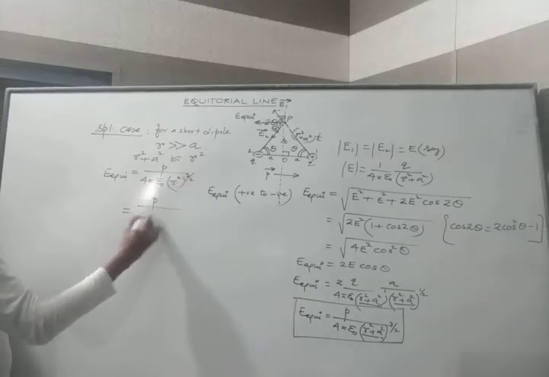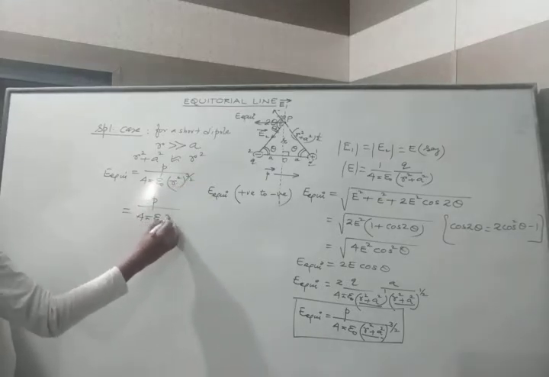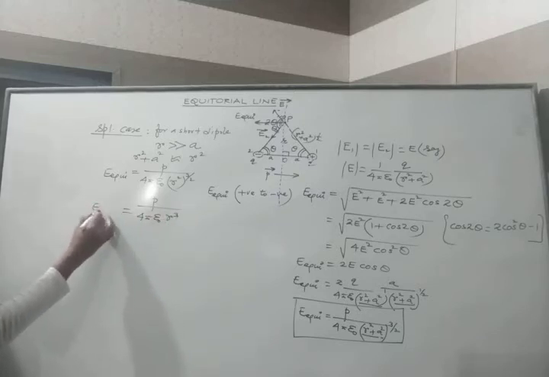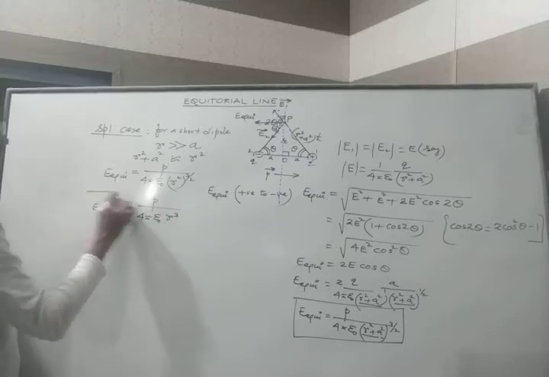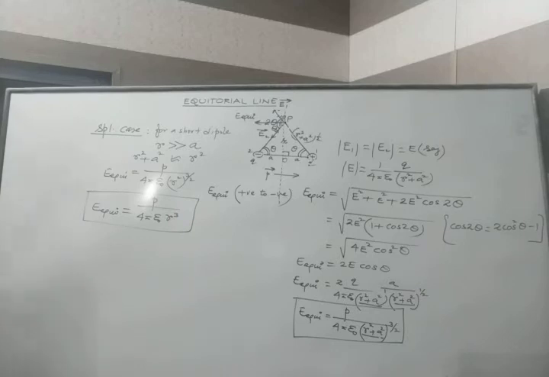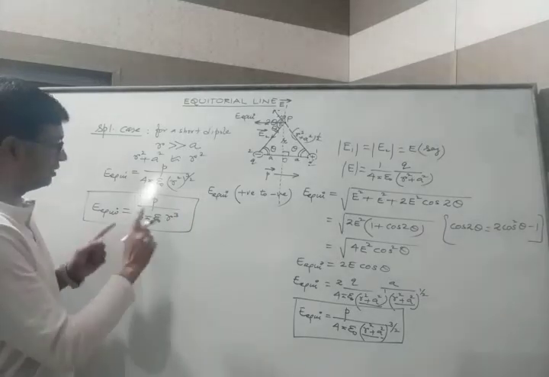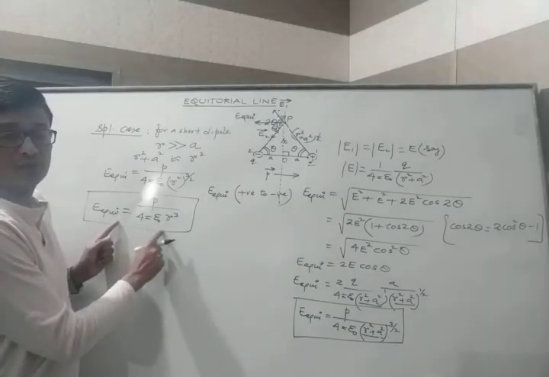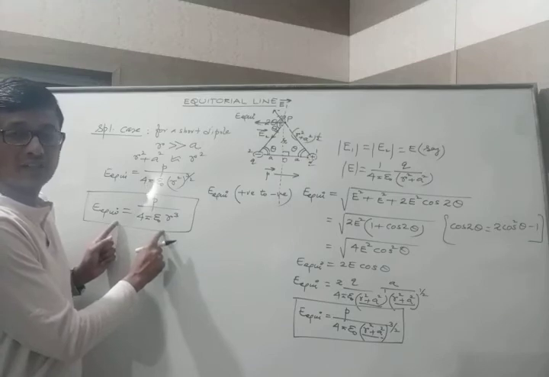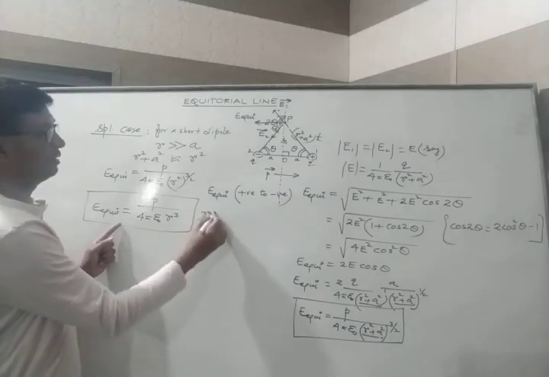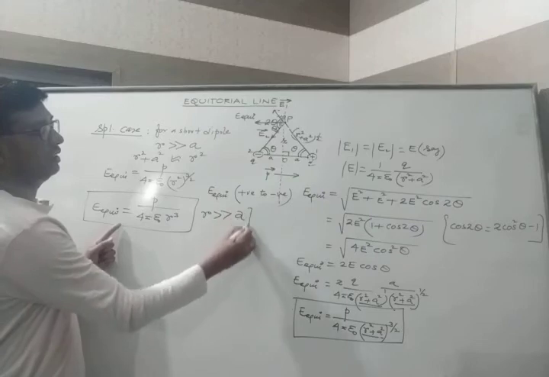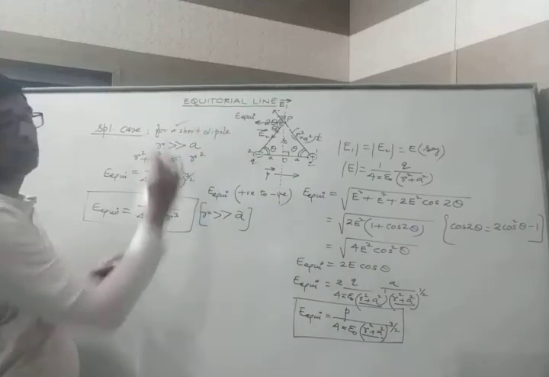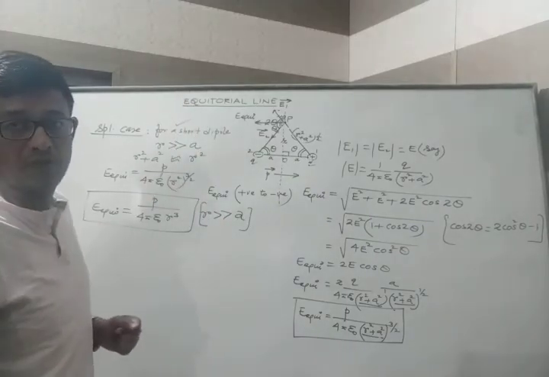So we'll be left with P over 4 pi epsilon R cube. So this is the formula for E equatorial due to a short dipole. Again remember, this formula for the electric field at any point on the equatorial line is to be used only when this condition is satisfied, or we are talking about a short dipole, right?